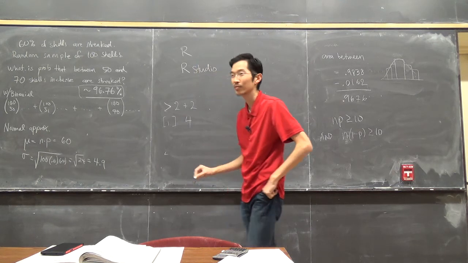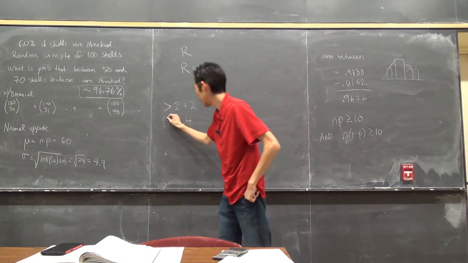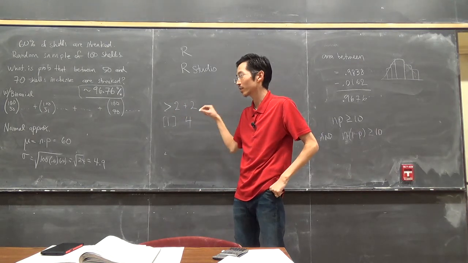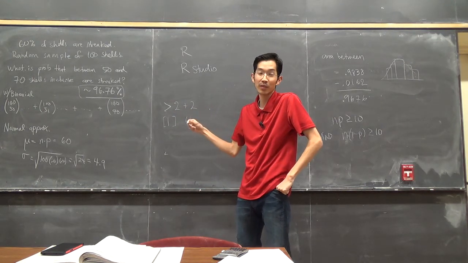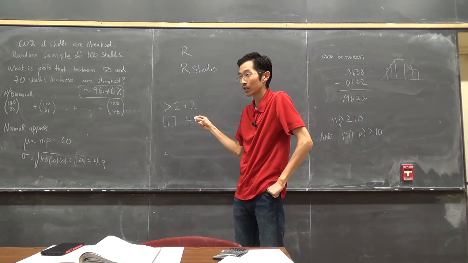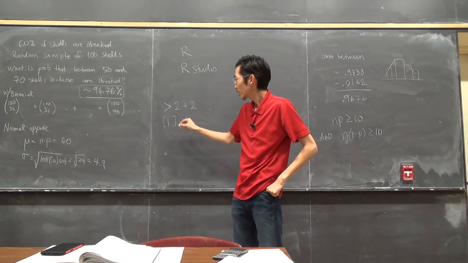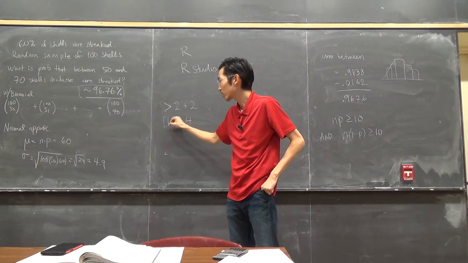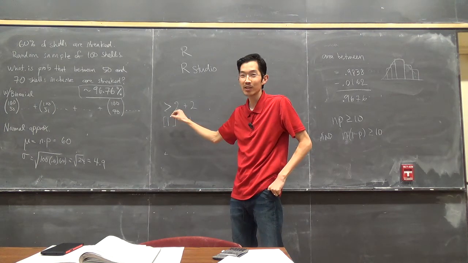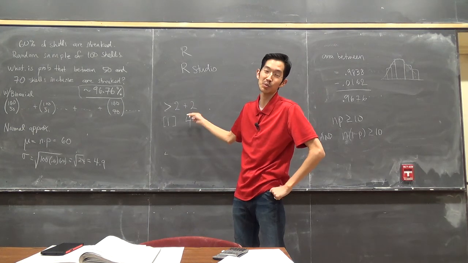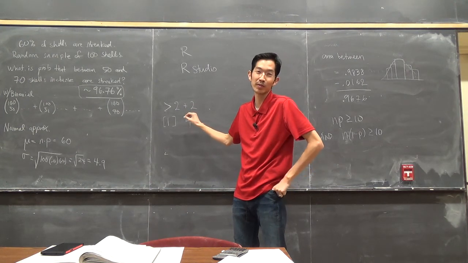You get this bracket 1. R is set up to handle statistics, which often means you're dealing with more than one number at a time. So if you have lots of numbers, it always starts off with bracket 1, which says the first part of your answer is 4. In this case, we only have one part, so the first and only part of our answer is 4.